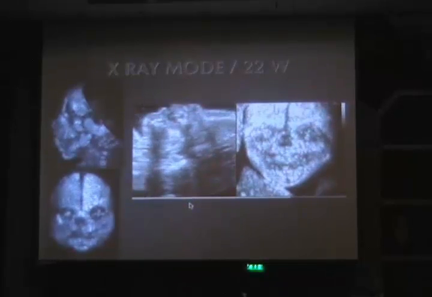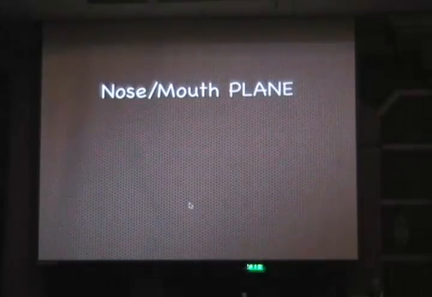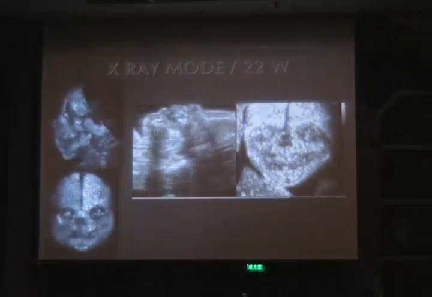The X-ray mode will help you a lot, especially for the nasal bone. When you suspect an absent nasal bone, you can do an X-ray bone view, and you can see here that the nasal bone is present. Just taking this volume you see this, and it is normal.